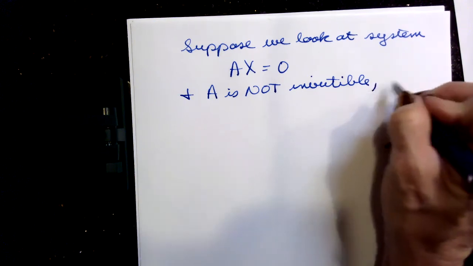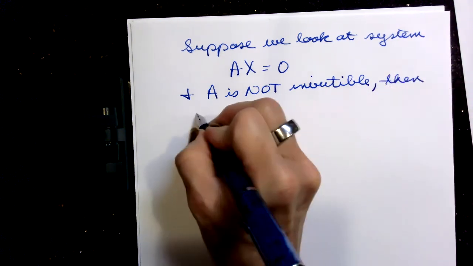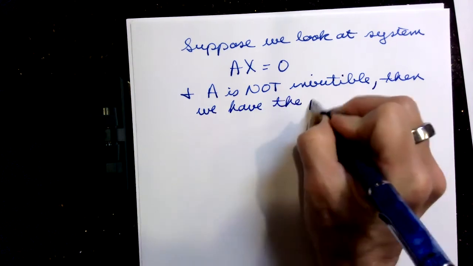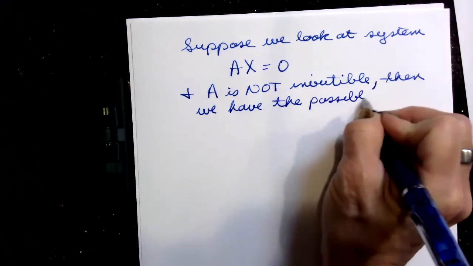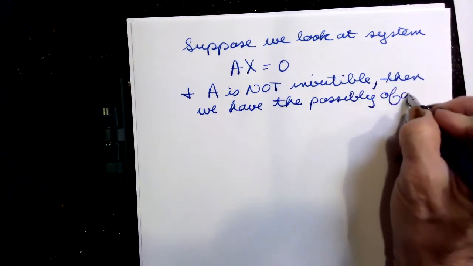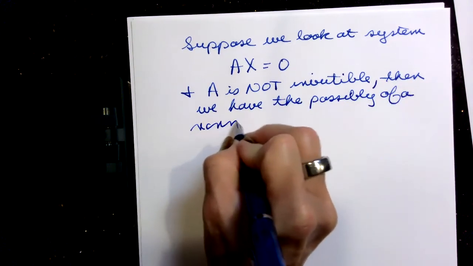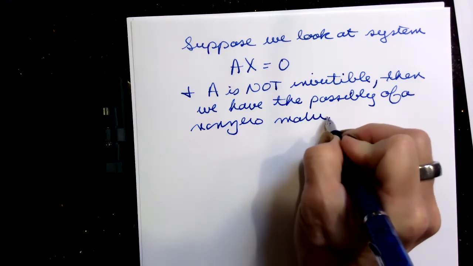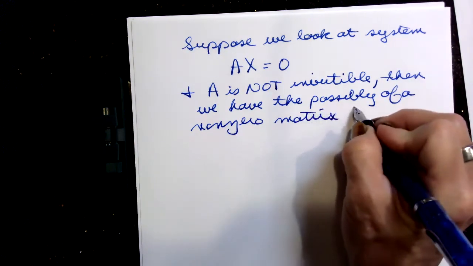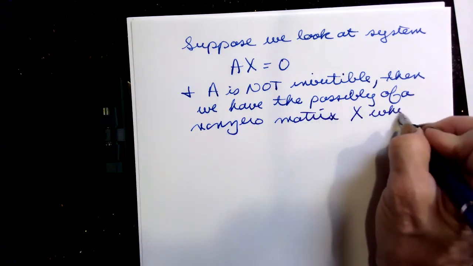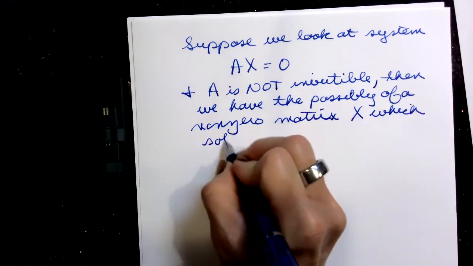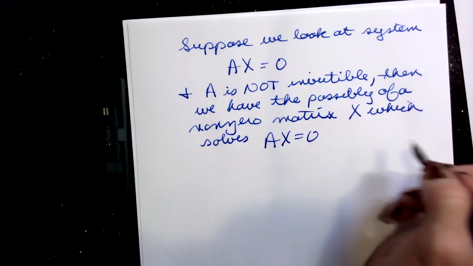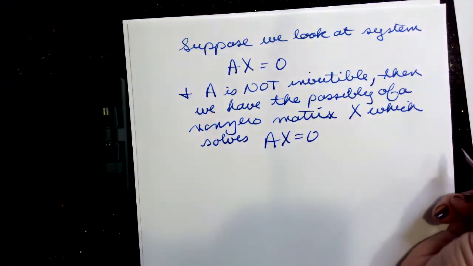So then we have the possibility of a non-zero matrix X which solves AX equals 0. You can't write the formula directly. You just have to work it out case by case.